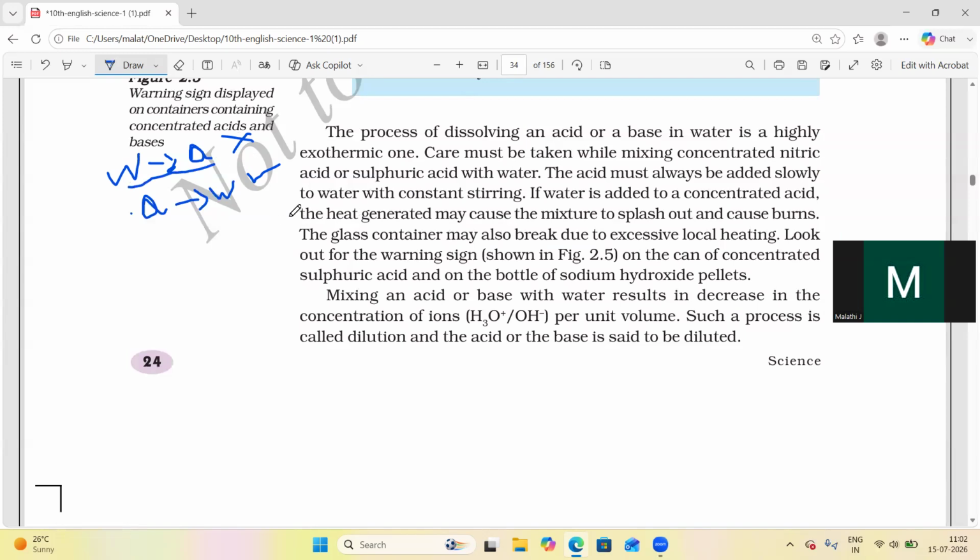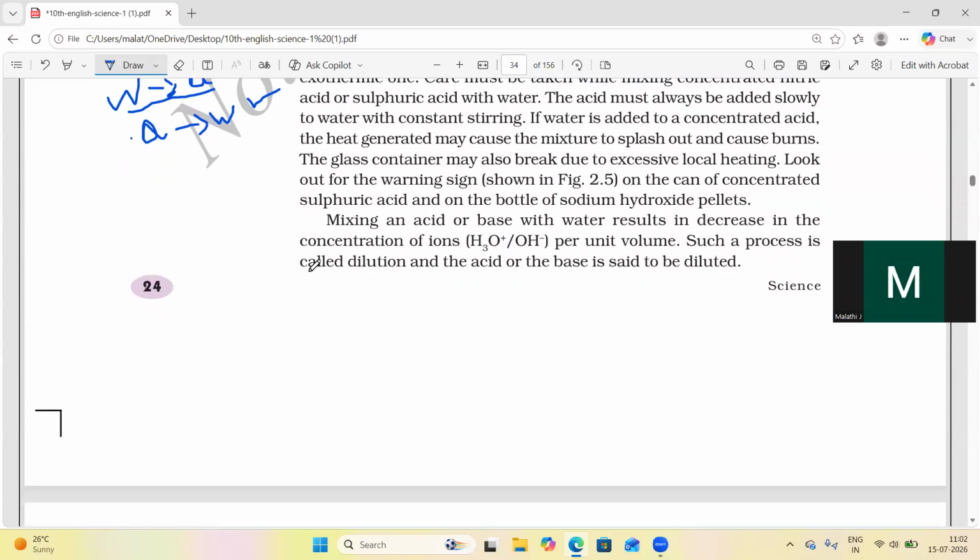You should add acid into the water drop by drop, stirring. A glass container can break due to excessive local heating. If you add water directly into the acid, it suddenly produces heat, the glass container will break, and people will get hurt. So always add acid into the water.